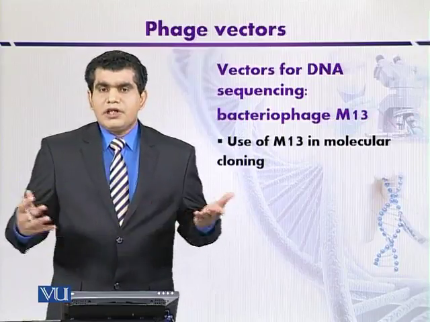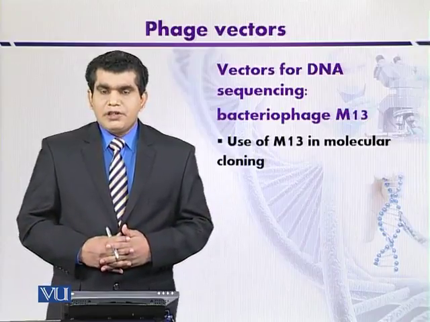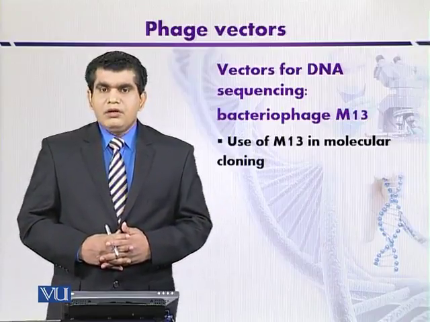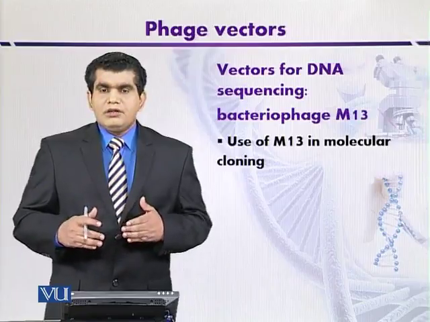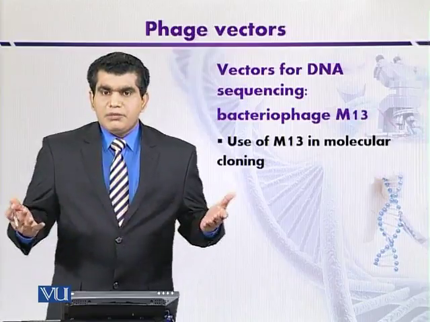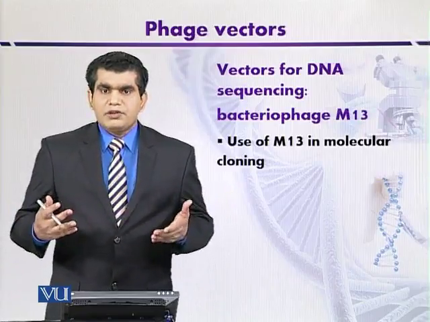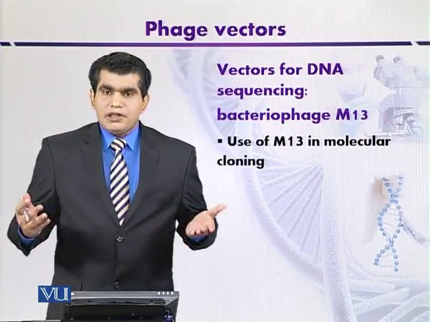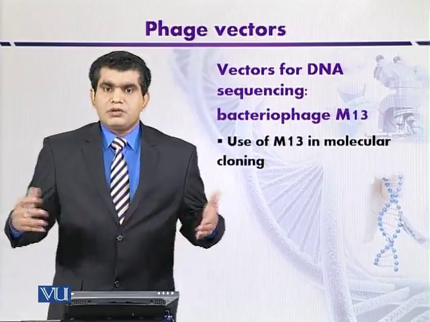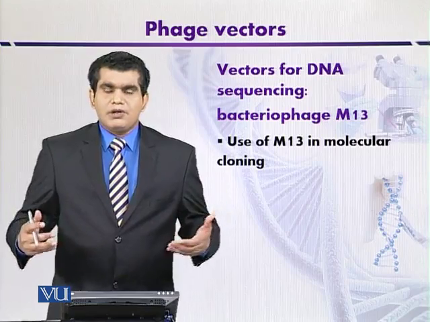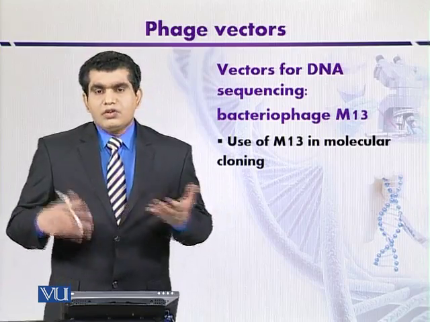These are a few applications of M13 as a cloning vector. So M13, due to the presence of a selectable marker and its modified forms like M13 MP18, is also used to transform a suitable cloning host organism.